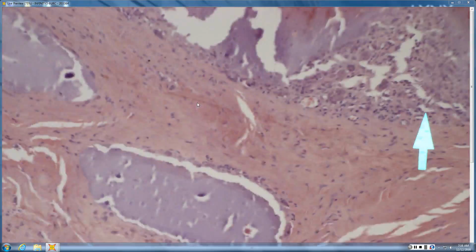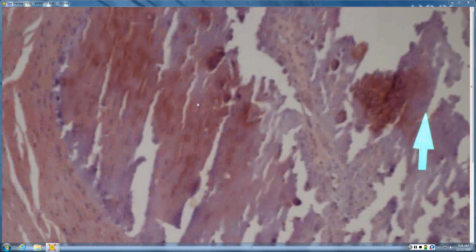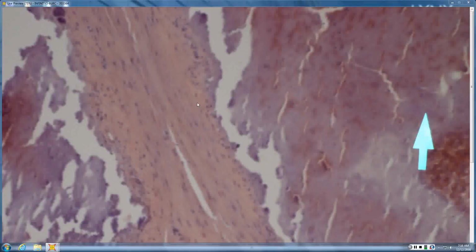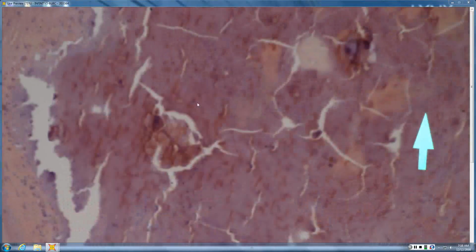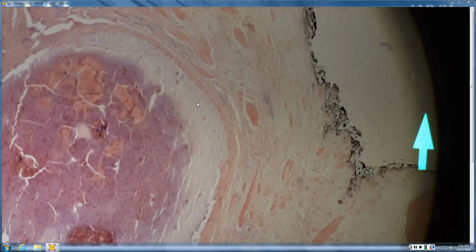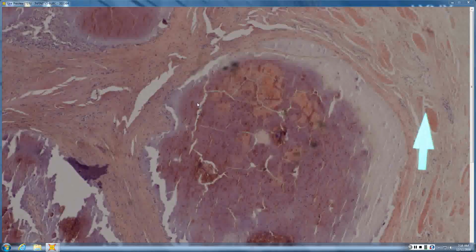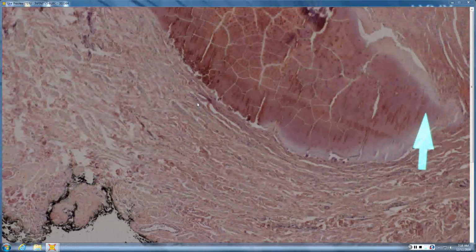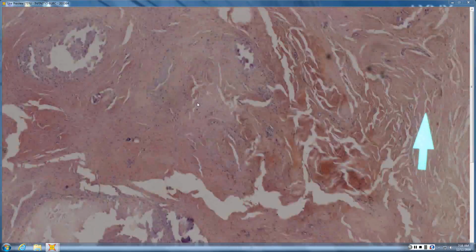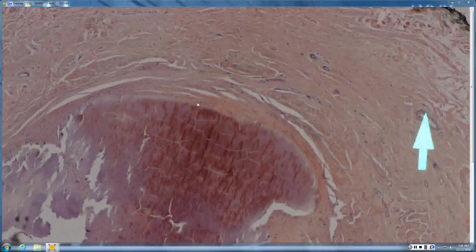This may have had to be decalcified in order to cut it, so that might have something to do with why it is so good. So, any questions about scrotal calcinosis? Okay.